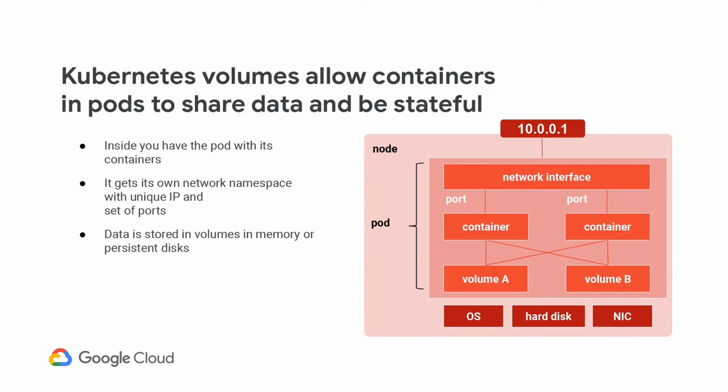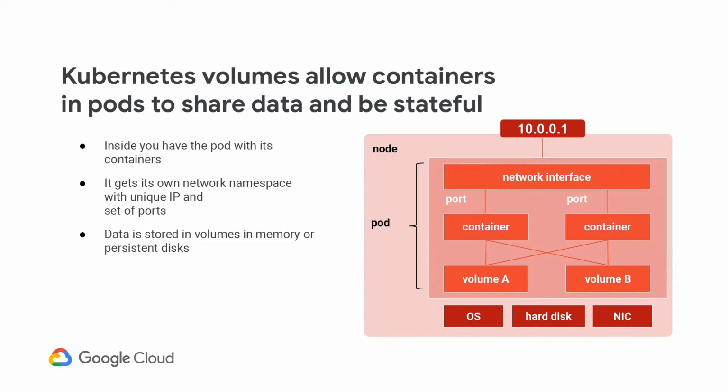So remember, you have a pod. Inside the pod, you have the containers and the network interfaces for the containers. And underneath, you have the hardware, operating system, NIC, and all that, as well as a node IP outside address. Data is stored in volumes that reside in memory or persistent disks. So this is analogous to a VM.